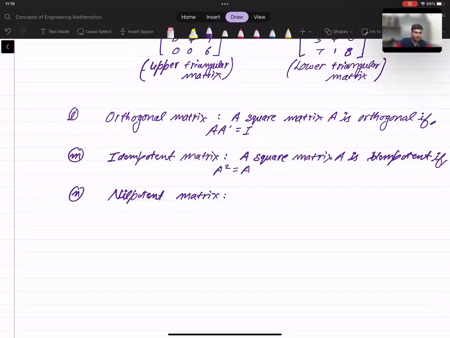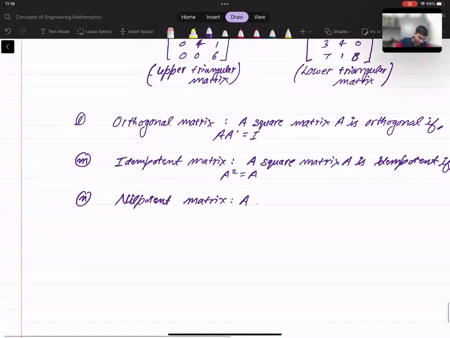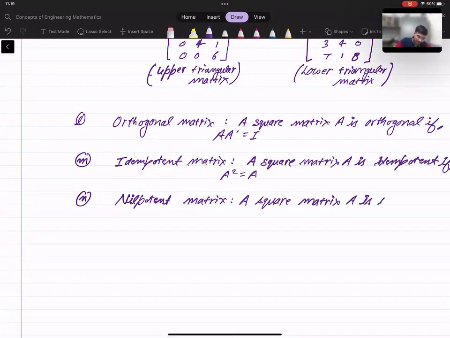So a square matrix A is nilpotent with index k if A raised to power k is 0.